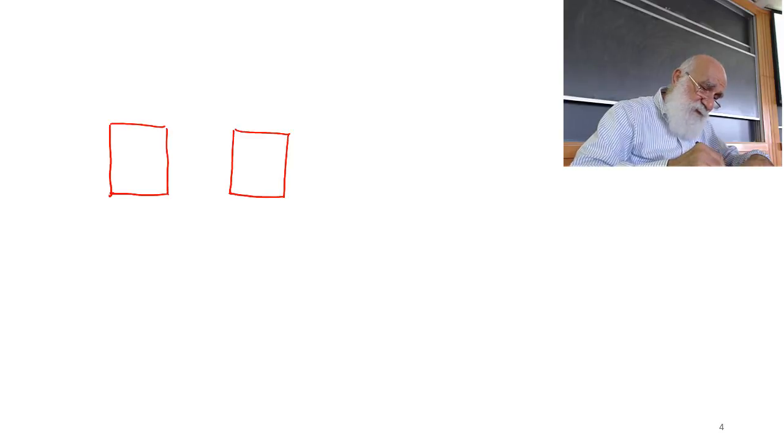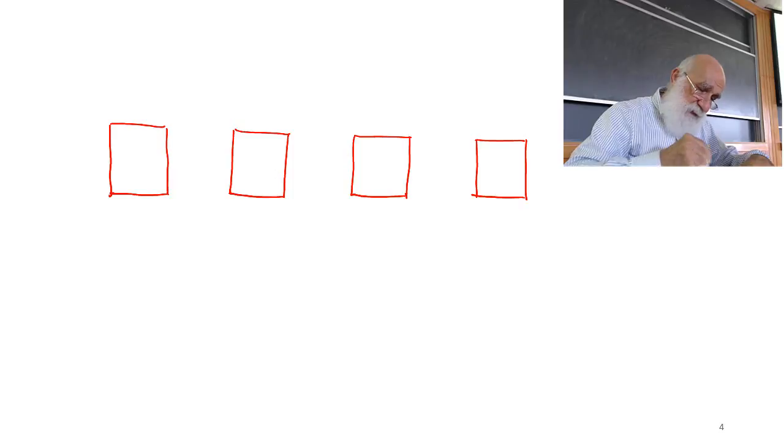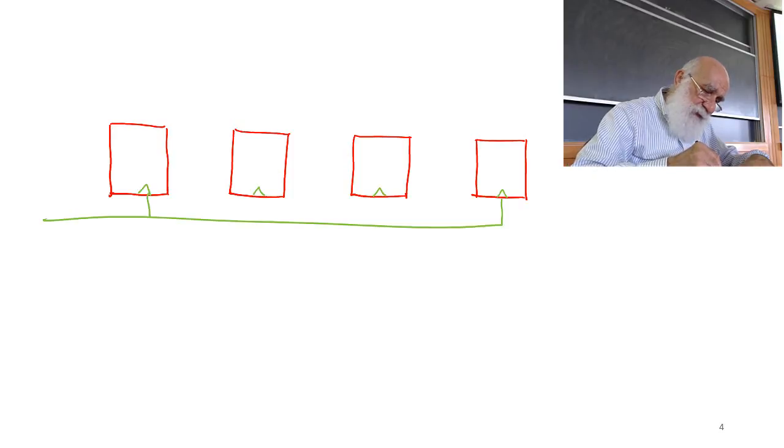Okay, let's put 4 flip-flops, and all of these are flip-flops. I'm not talking about latches. Actually, if you do the design I'm doing right now with latches, it's not going to work.